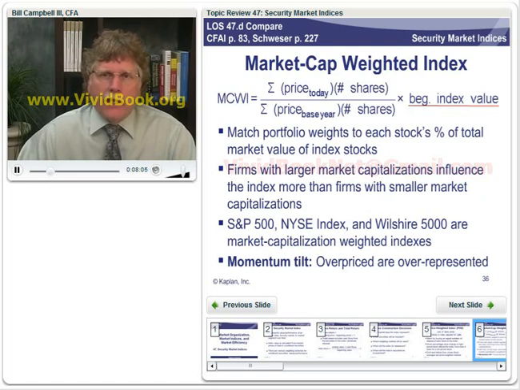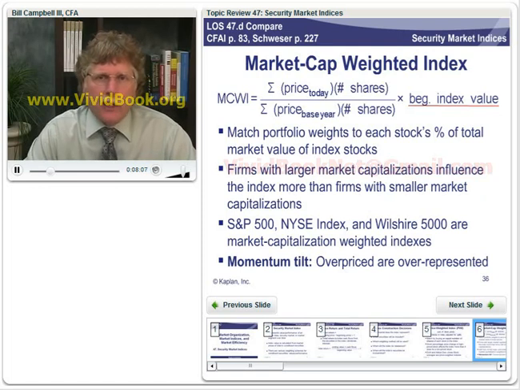We take for each security the price per share times the number of shares outstanding on the day that we started this index. That's going to be our denominator. It won't change. Our numerator up there on the top, notice that is going to change. That's going to be today's price times the number of shares outstanding today for each one of those stocks.